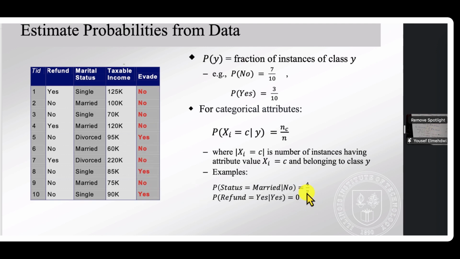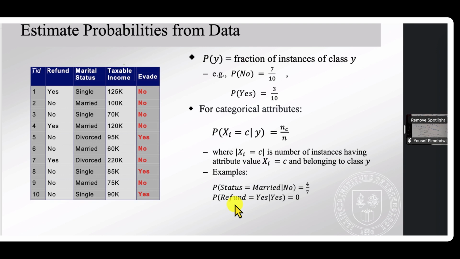Among the 7, how many have marital status equal to married? 1, 2, 3, and 4. So it's going to be 4 divided by 7. For divorced among the no class, we have only 1, so it will be 1 divided by 7.